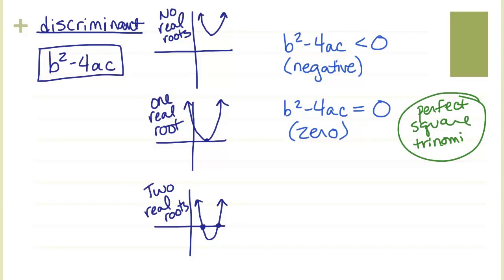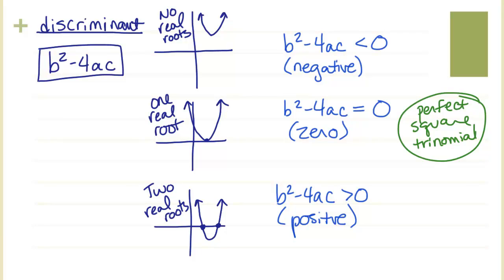And then the third possibility is when the discriminant is greater than 0, basically any positive number, then you have two real roots, and it has two x-intercepts.